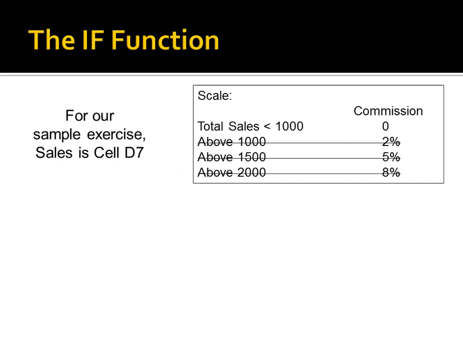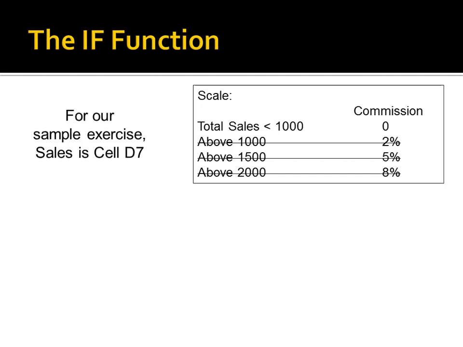Now, is there a step 4? Well, I crossed off that one, and now we have one left, which is total sales less than 1,000. Think this through with me. If in all of the functions we've just created, above 1,000, above 1,500, above 2,000, if they didn't make it, what did they receive? 0.